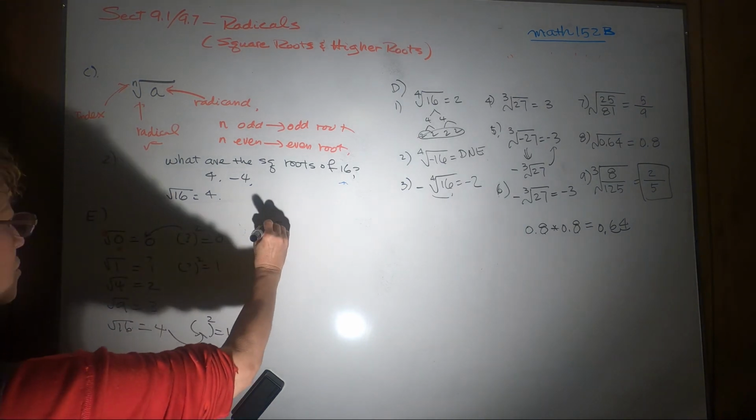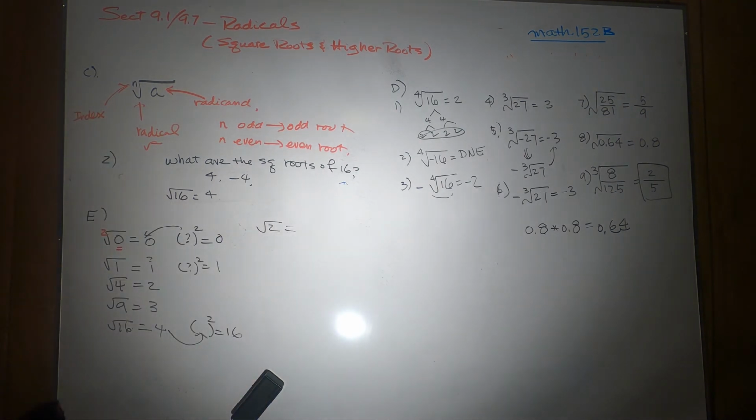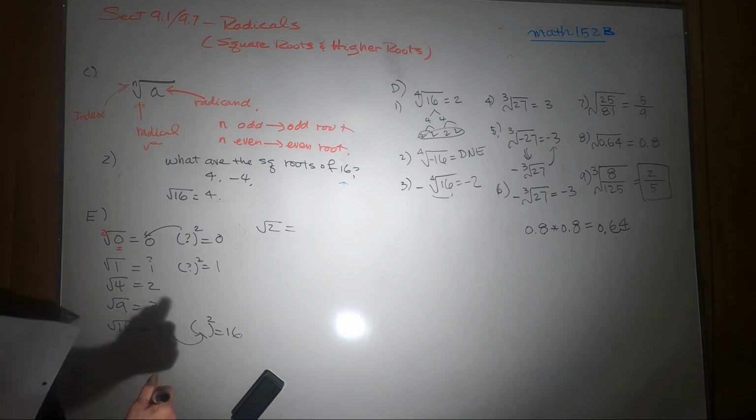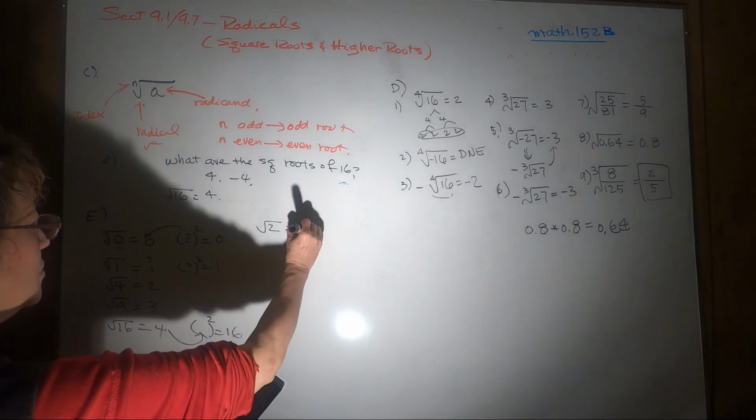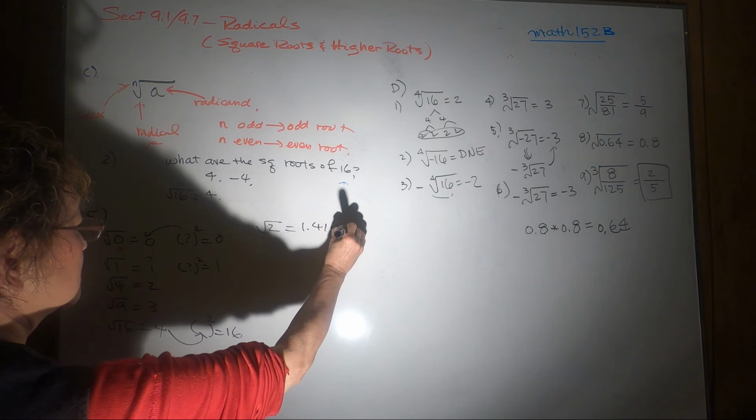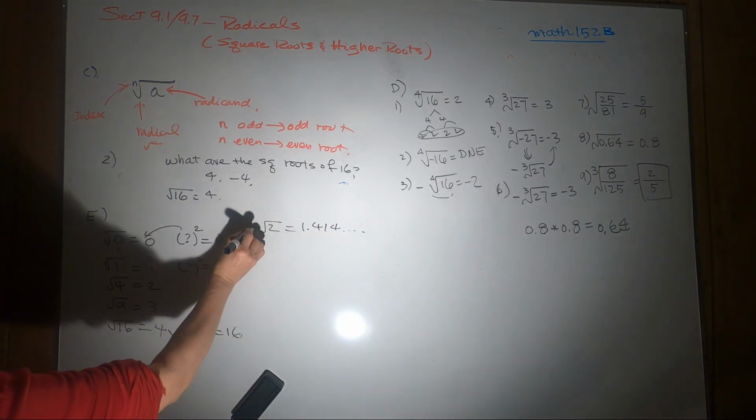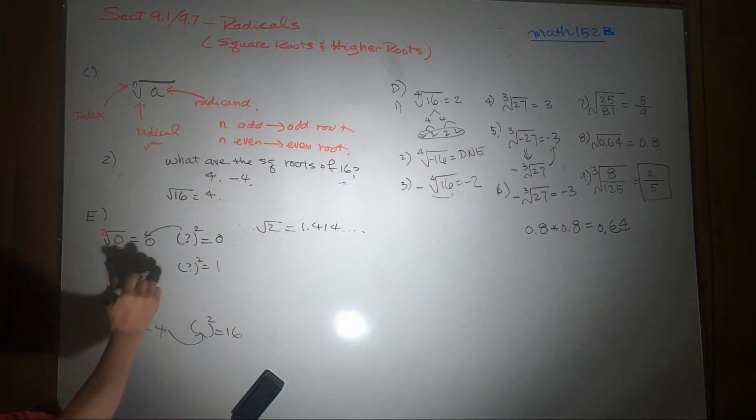What happens to square root of 2? Use the calculator, figure it out, all right? And you can see there is a square root key there. So you should get what? You need to practice this. It will be 1.414 something. Because square root of 2 should be what? 2 is between 1 and 4, right?